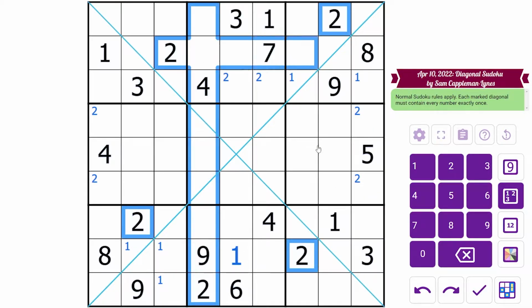And we don't have a lot of information about 2 in the center box.